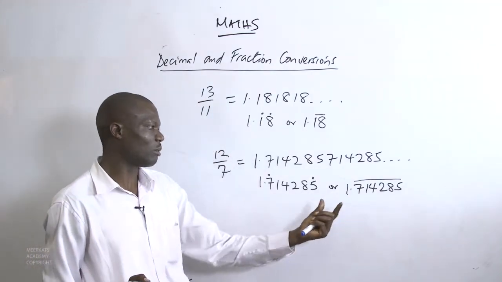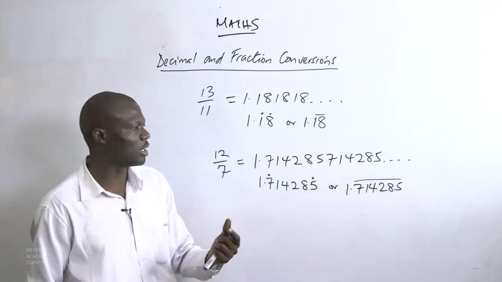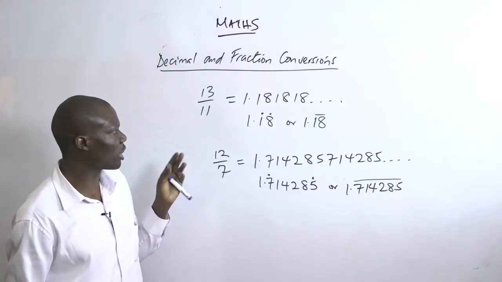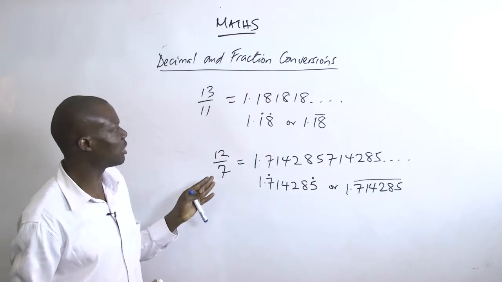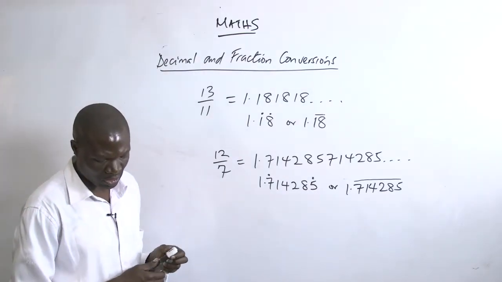Again, this means that the 6 decimal digits that we have there are recurring. So we can convert a fraction, as much as it may be recurring, but we know how to write it. We should be able to write it in this manner.